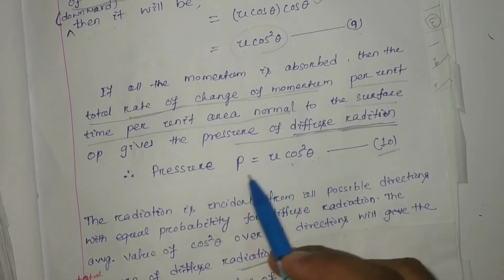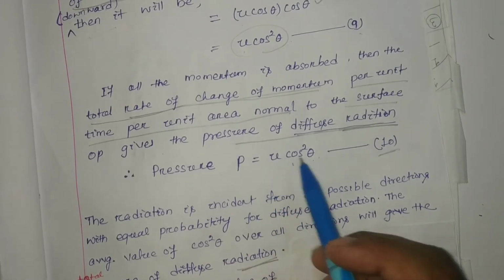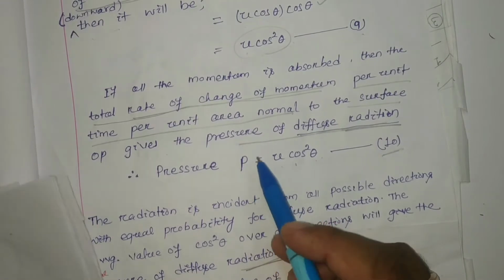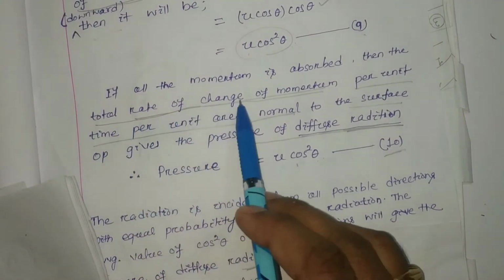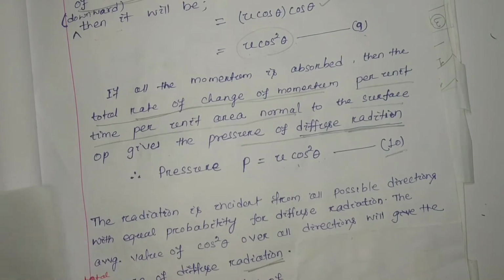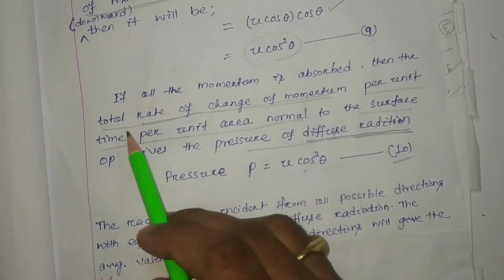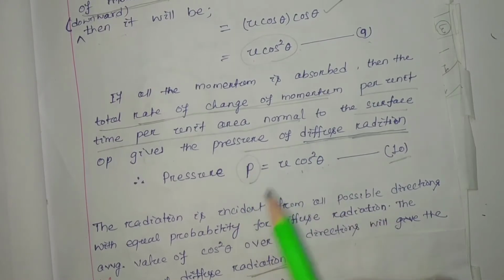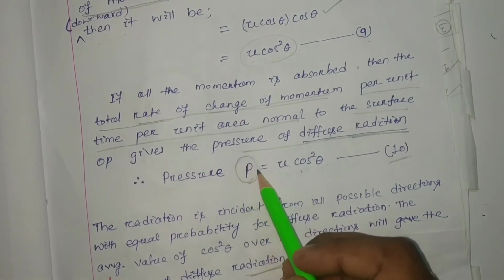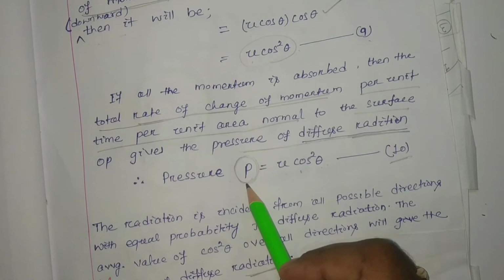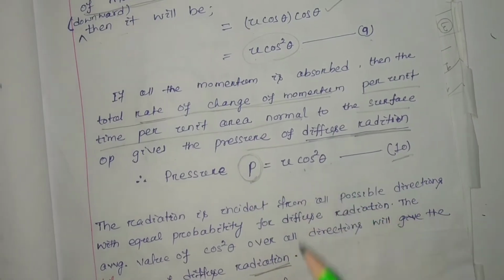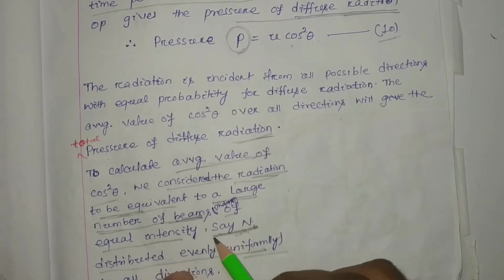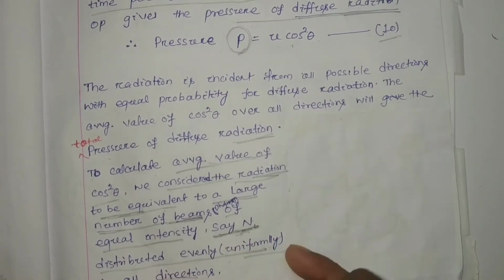Here total pressure means what? Here P represents the total rate of change of momentum. Carefully you have to watch. Here the total rate of change of momentum is P. And this total rate of change of momentum can be found if we consider the total number of beams or photons is n.